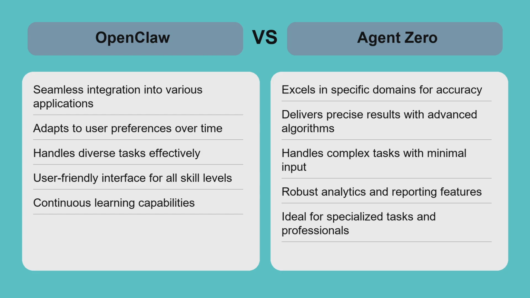In contrast, Agent Zero shines in scenarios requiring precision, such as data analysis and project tracking. If your work involves complex calculations or detailed reporting, Agent Zero will deliver faster and more accurate results. The trade-off is that while OpenClaw can adapt to various tasks, it may not perform as efficiently in specialized areas, where Agent Zero truly stands out.